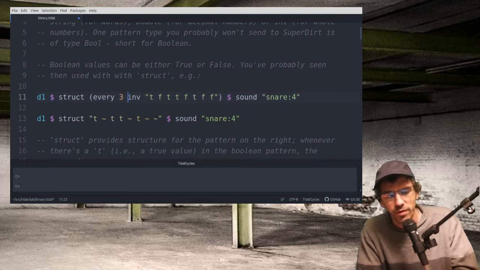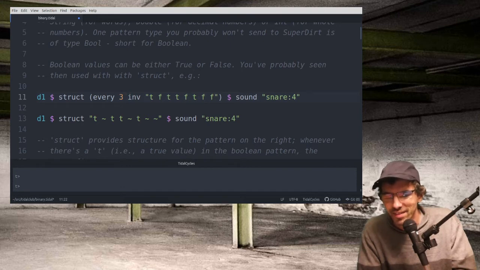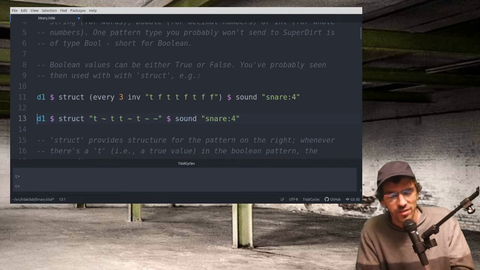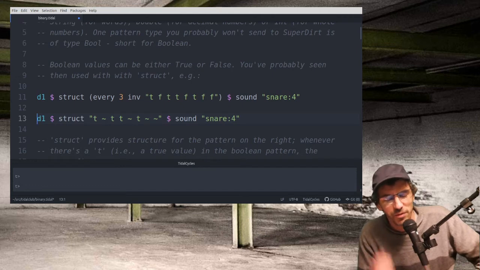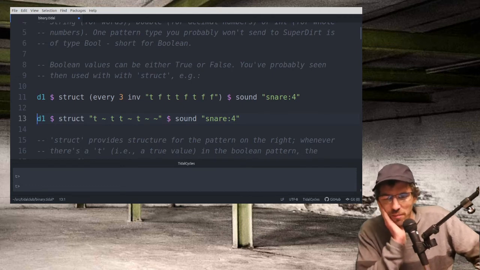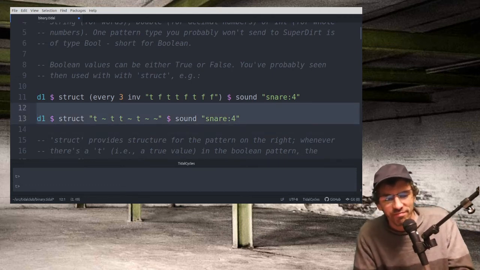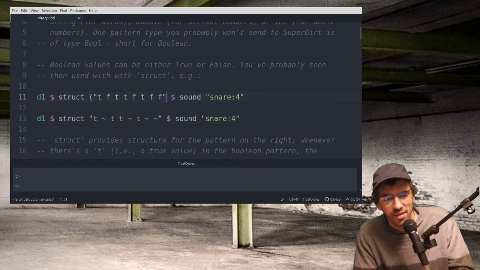I could do every 3 inverts, so then you'd hear the difference. So I guess it's kind of true. There's no point using the false values until they become true again. Okay, so let's put that back. All right.